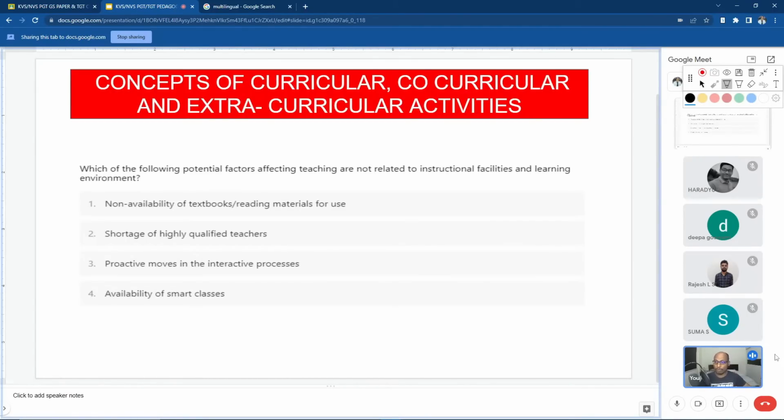But before that, let us go with the questions first. First question, Goji. Which of the following potential factors affecting teaching are not related to instructional facilities and learning environment? Non-availability of textbooks or reading materials for use, shortage of highly qualified teachers, proactive moves in the interactive process, then availability of smart classes. Which option is correct?